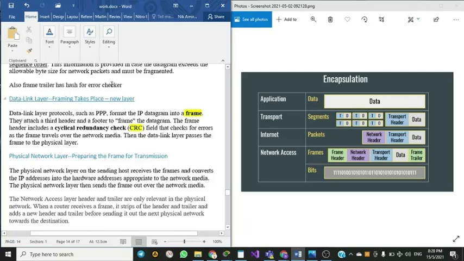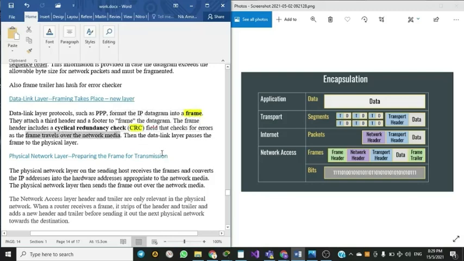This one is the new TCP/IP model. Data link layers such as PPP frame the IP datagram into a frame. They attach a header and a footer to the datagram. The footer has a field that checks for errors as the frame travels over the network media.